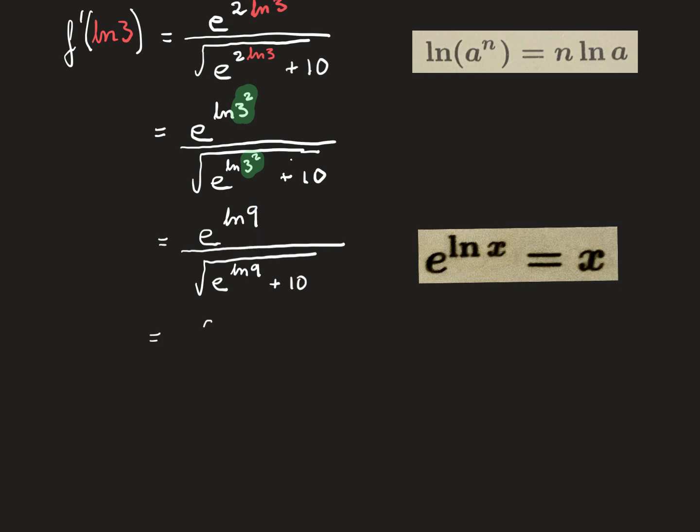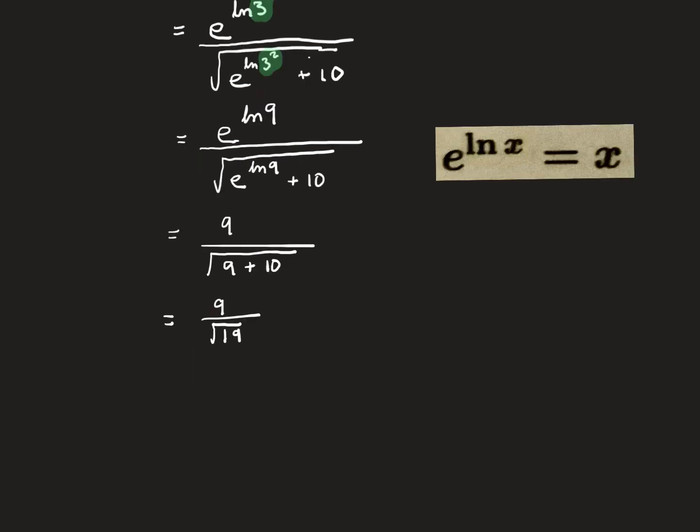And so we just have 9 over the root of 9 plus 10. And that's going to be 9 over root 19. And hence this is our answer. This is the slope or the gradient of the tangent at x is equal to ln3.